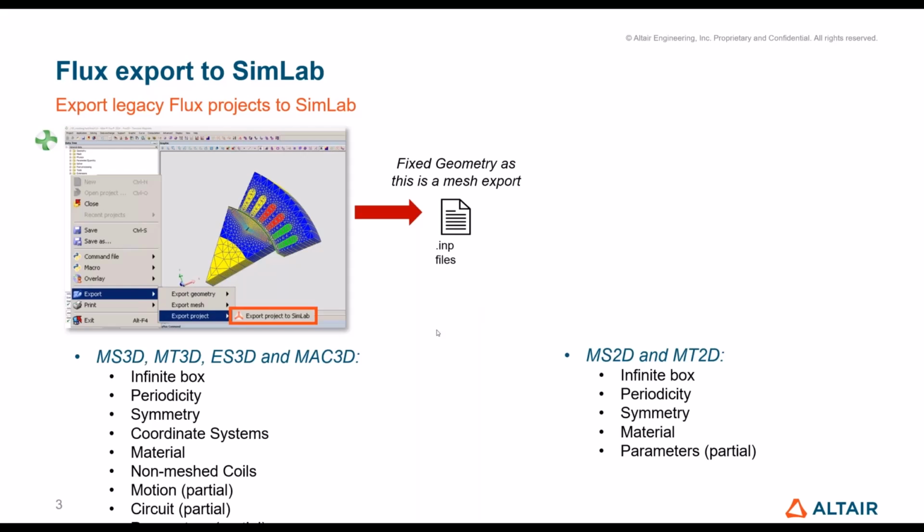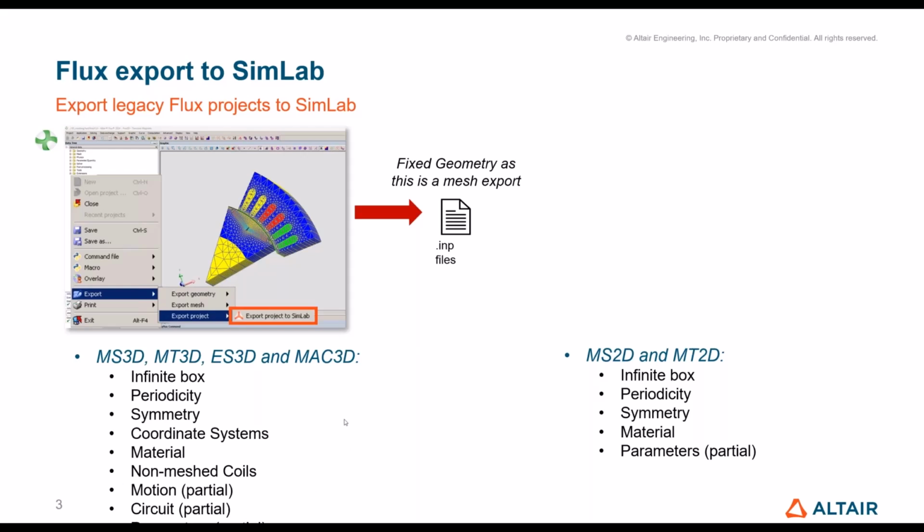But it will also try to carry as much as possible all the physical definition of the model, which means any infinite box, symmetry, materials, coils, motion definition, parameters, temperature dependent material. So there's a lot of things that can be taken into account.